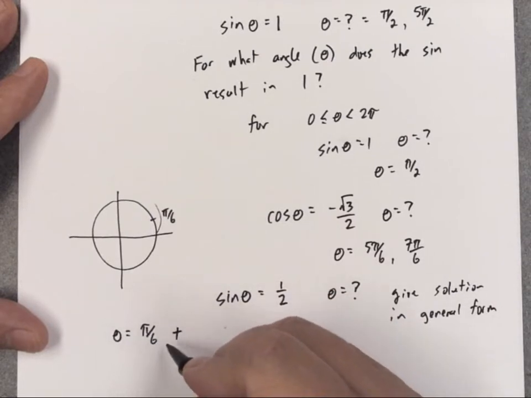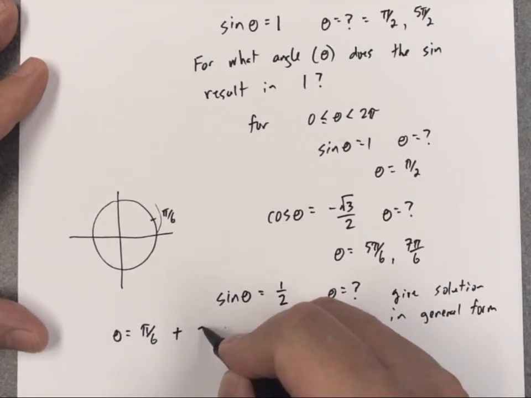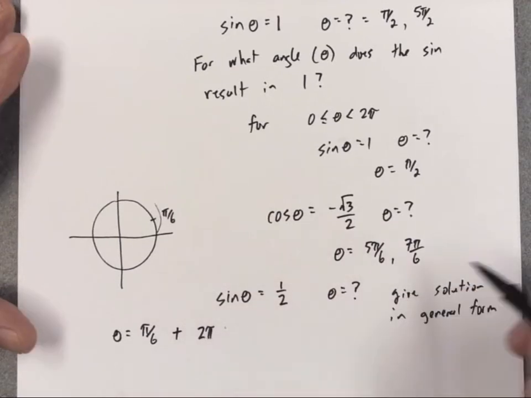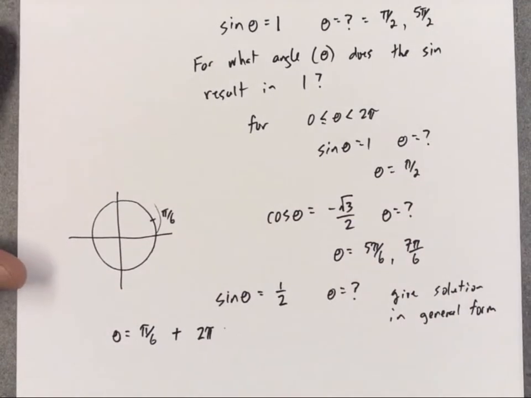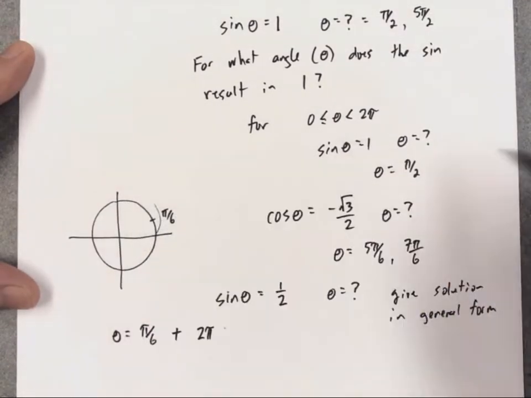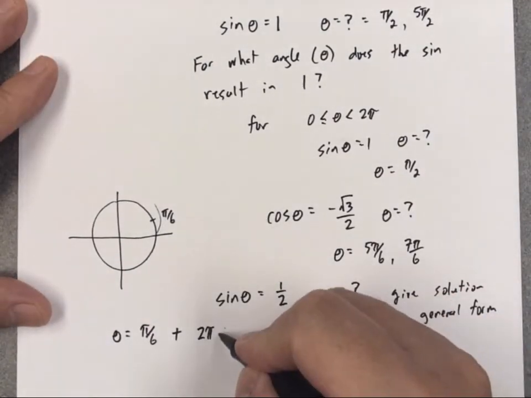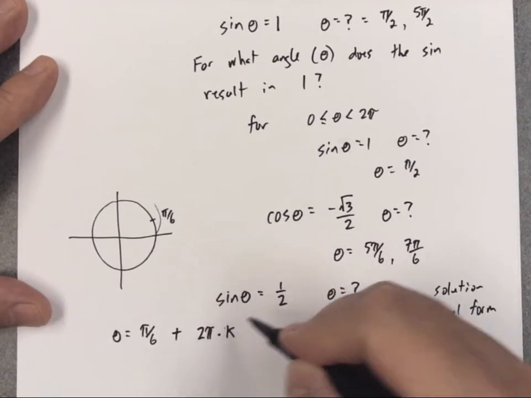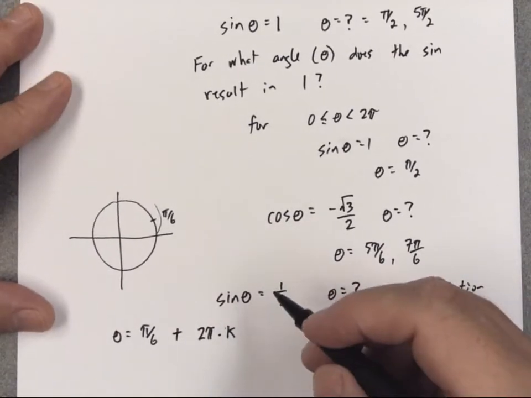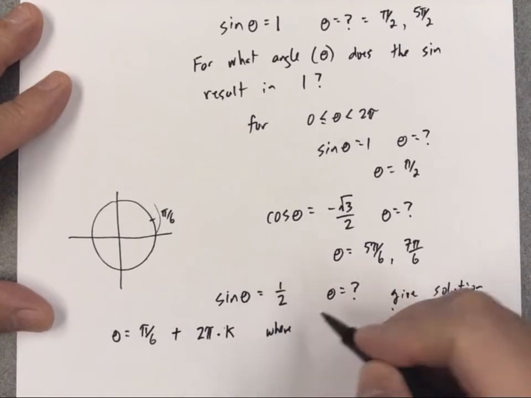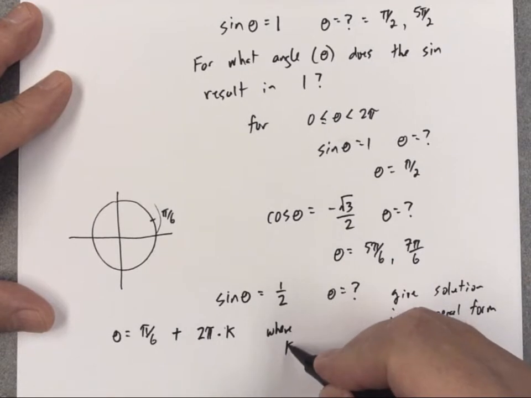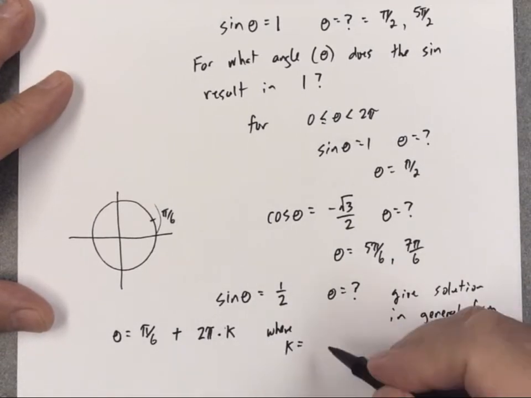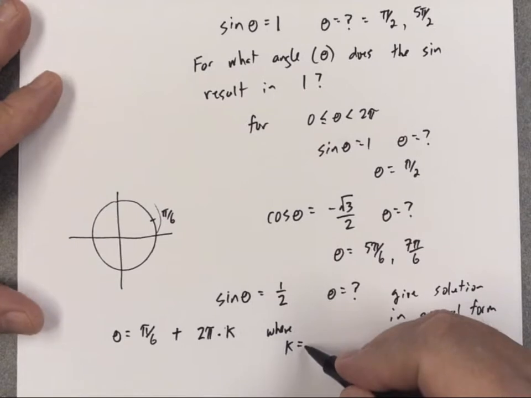You take pi over 6, and we're going to add it to 2 pi, the distance we always go around the circle before we go our last pi over 6. However, I'm going to multiply it by k, where k is basically an integer.